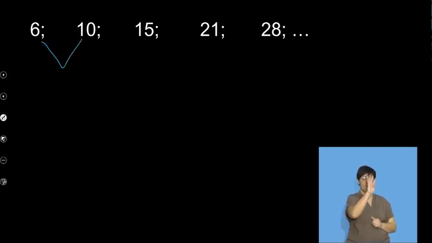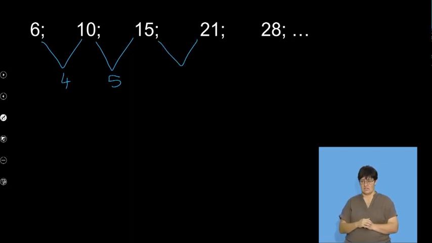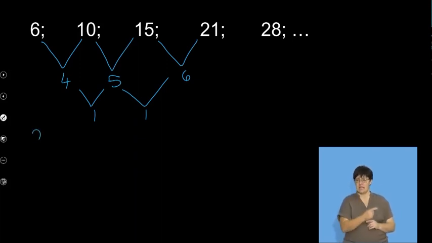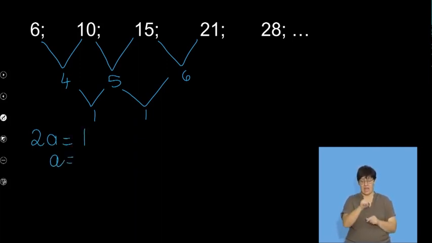So again, we've got 4, 5, and 6 as the first differences. The second difference is a value of 1. To determine the general form, we know that 2a is equal to the second difference, which is equal to 1. So a will be equal to a half.